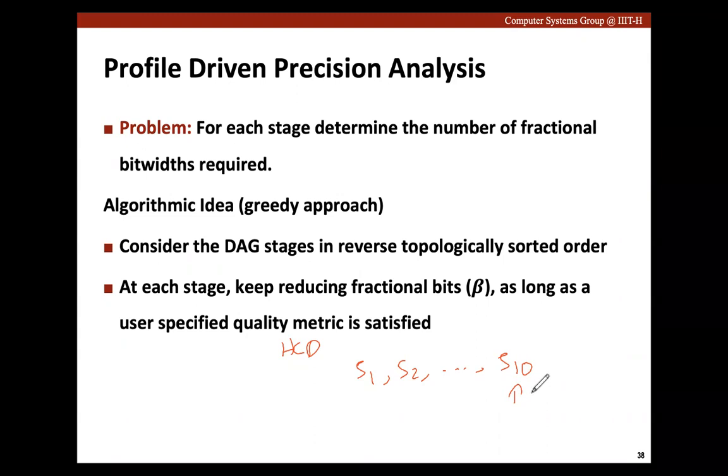As long as the results are satisfactory, we keep dropping the number of bits allocated to the fractional part. After S10 is fixed, we move to S9 and repeat the same process. We try to reduce the number of bits allocated to the fractional bits. As long as the accuracy is to our satisfaction, we keep dropping. At some point when the accuracy takes a hit, we retain that number. So this is the plan for finding out the number of fractional bits.